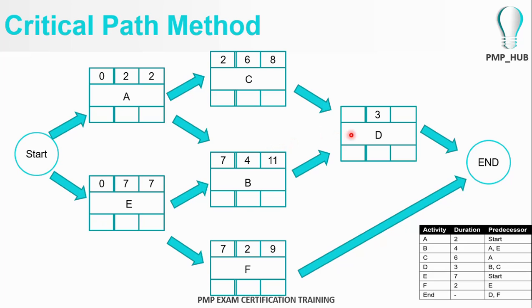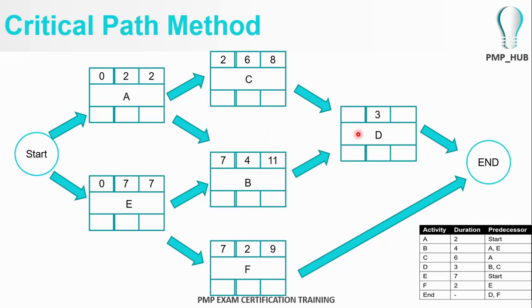Same thinking pattern has to go for activity D. Activity D is depending on C and B output. Activity C's earliest finish time is day number 8. Activity B's earliest finish time is day number 11.